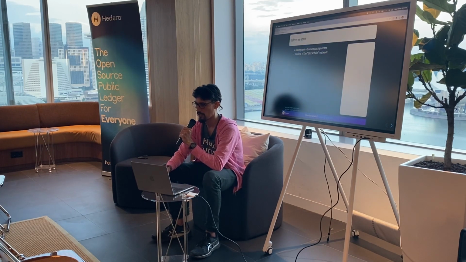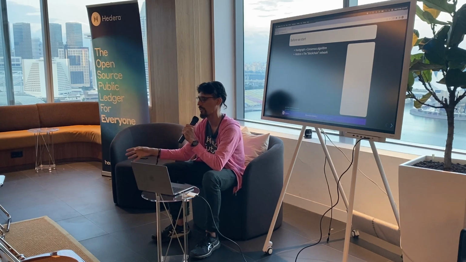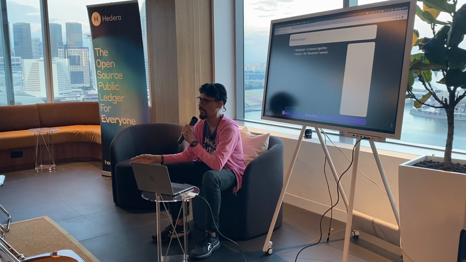Before we start, let me introduce what Hedera is. For those of you who have heard of Hashgraph but not of Hedera, it's kind of the same thing. Hashgraph is the consensus algorithm that was invented first, and it was invented without necessarily having a blockchain attached to it. In fact, one of the first ideas around Hashgraph was to create a database layer that had nothing to do with crypto at all.